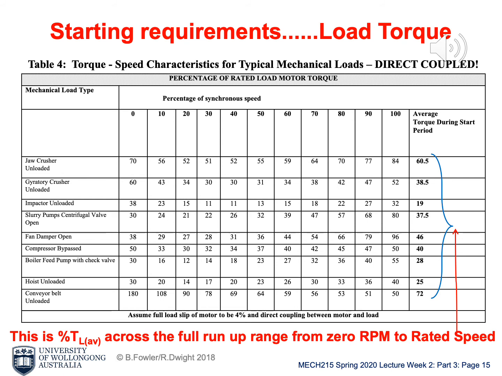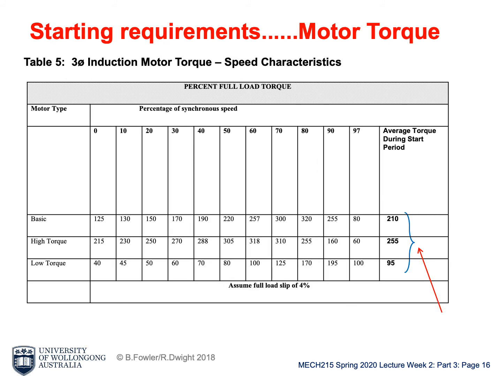The last column, these numbers 60.5, 38.5, is the percentage of the load during the acceleration compared to the normal working condition. Figure 5 shows the motor torque when it starts from 0 speed to the full speed, and how the motor torque changes.